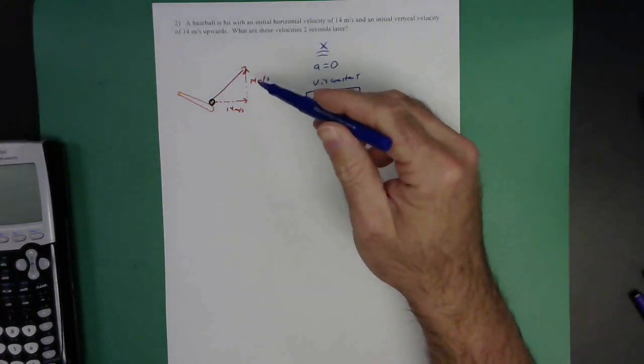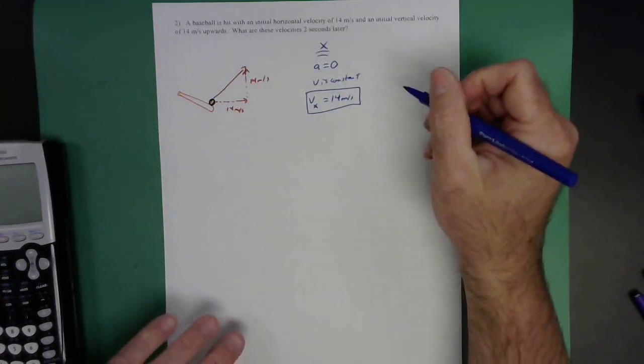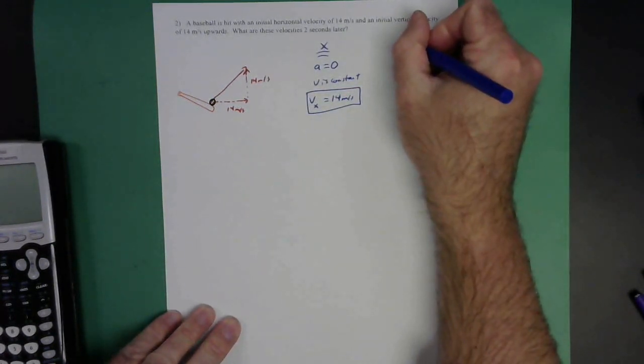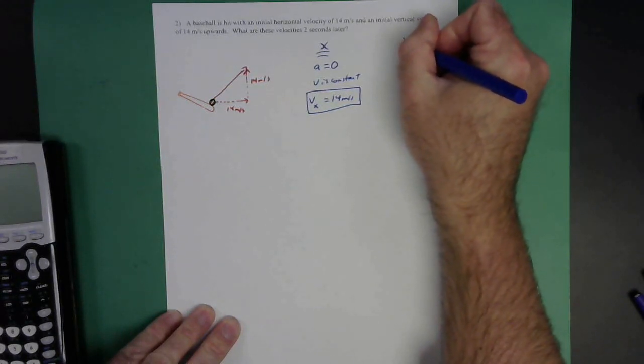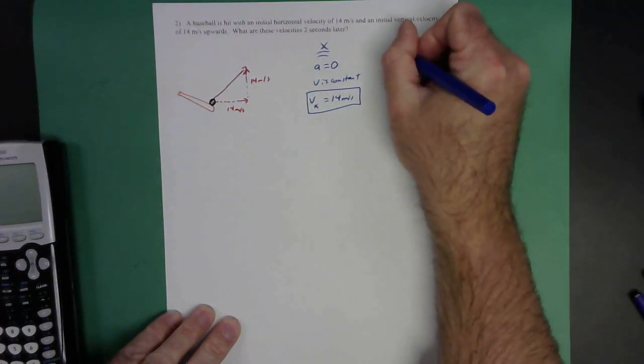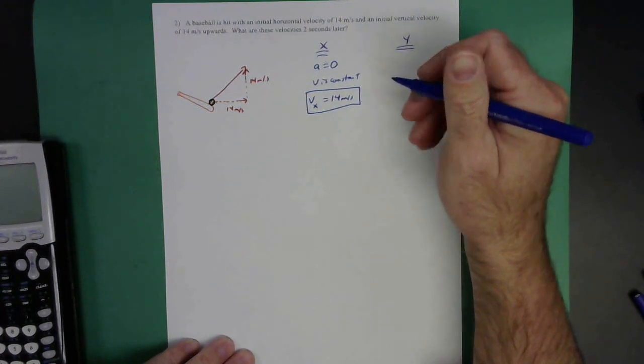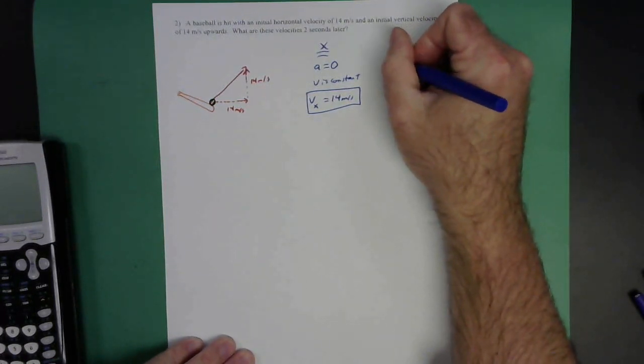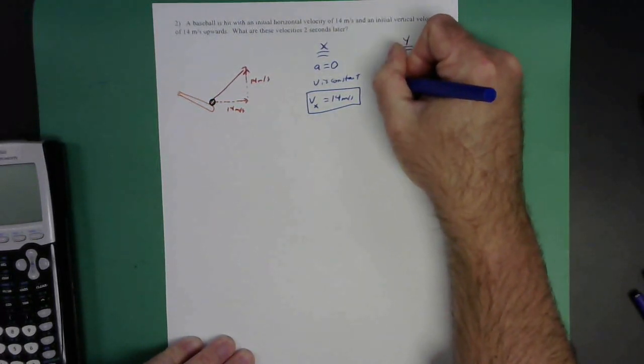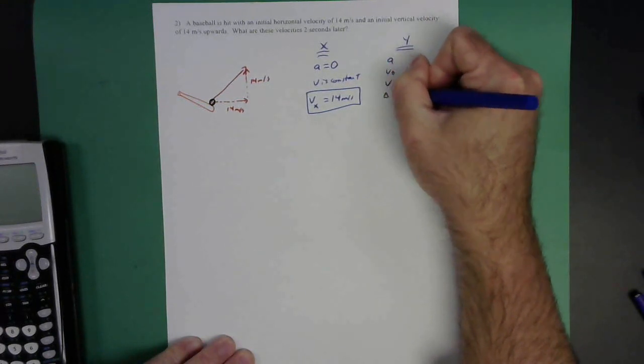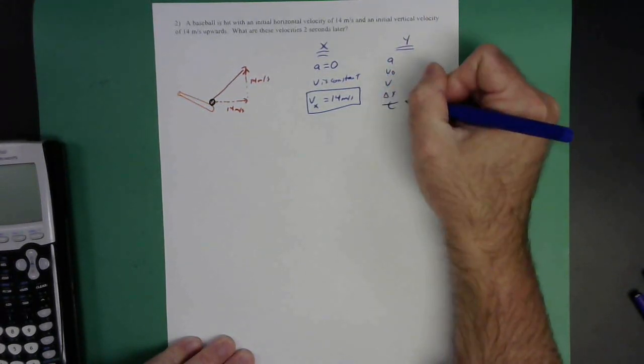That's not the case for the vertical velocity, on the other hand. If I think about the vertical axis, the gravitational force is pulling downward on the ball in that axis, so that's going to change its velocity. If I did my y-axis, I'd list a, v naught, v, displacement, and time.